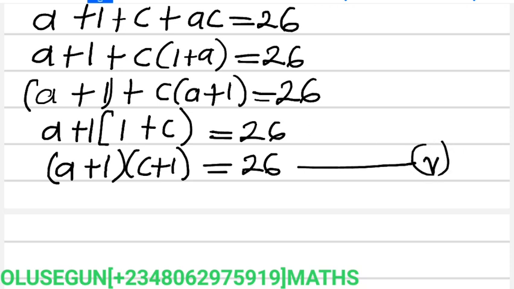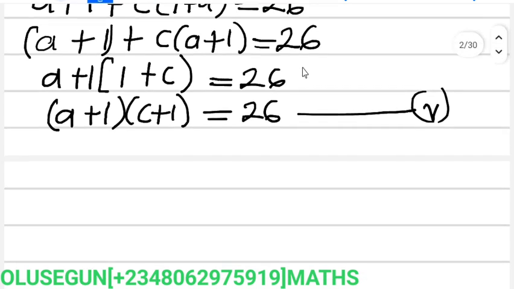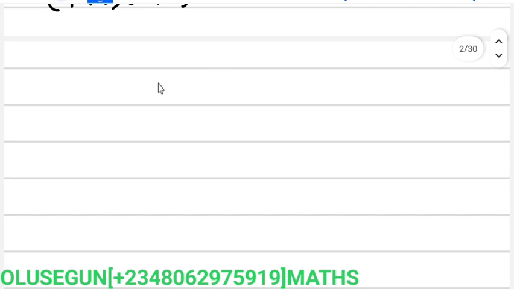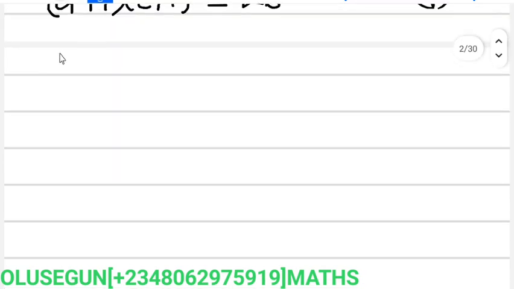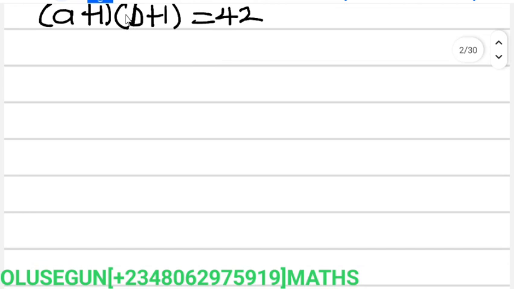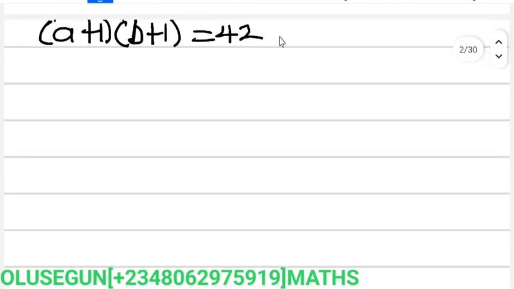So let's now write out the two equations that we have already gotten. Equation 4 says that a plus 1 times b plus 1 is equal to 42.